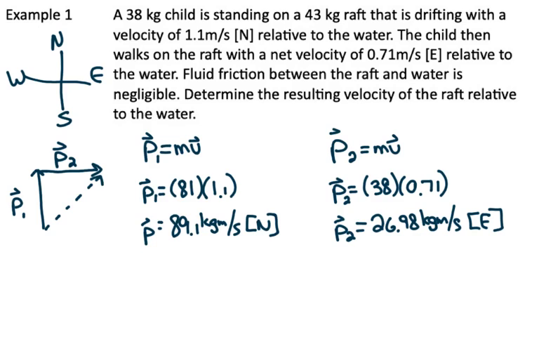Now at this point we can take and combine these and find the overall momentum. We can't just add them, we can't just subtract them. Because we are looking in 2 dimensions, we do need to use Pythagorean theorem here. I'm just going to flip over to the next page to do that. So Pythagorean theorem, a squared plus b squared equals c squared.